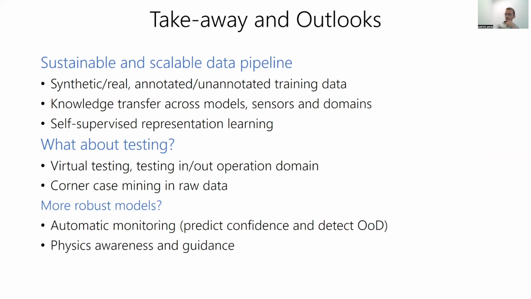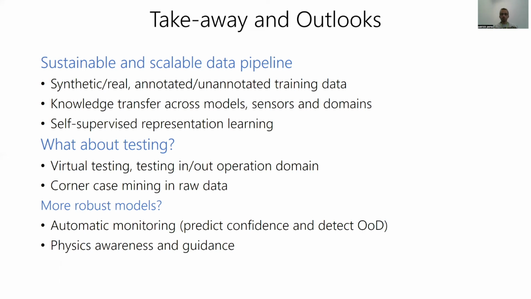So let me finish with just a few points. The message is that it's very important: better models and new architectures, obviously including transformers, are key. The data is key as well.